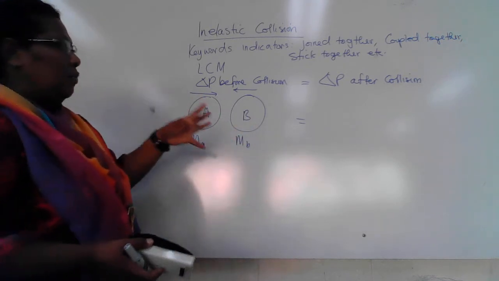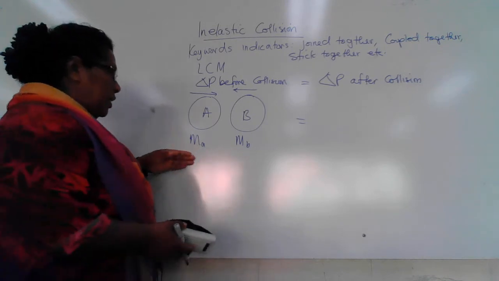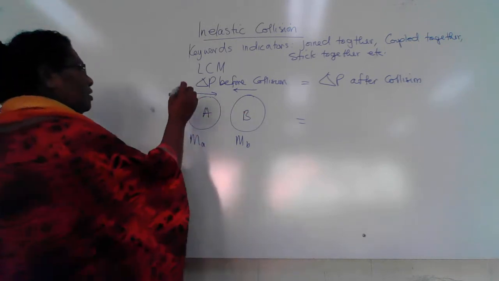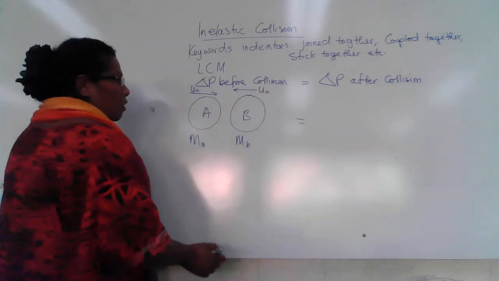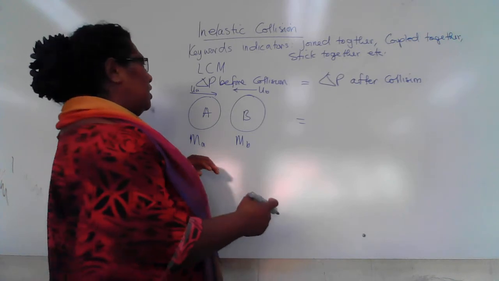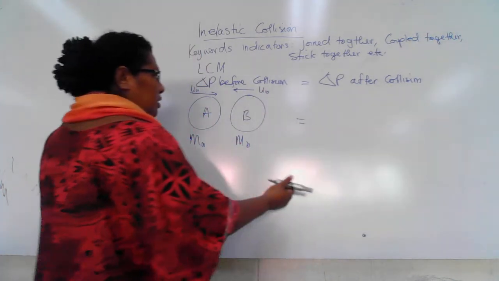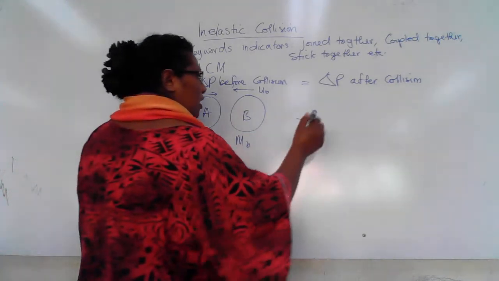So again, let's say we have a look at these two objects, object A and object B, mass A, mass B, and they are traveling towards each other. So we have UA, UB, and as they travel toward each other, they collide. Now this time when they collided, they didn't bounce apart, but they stick together.